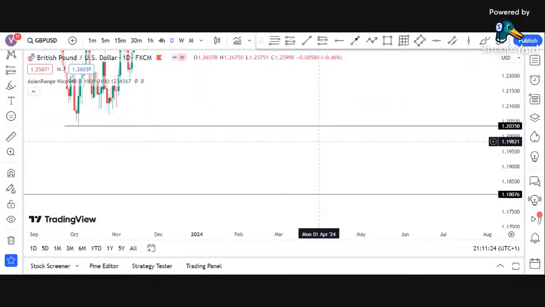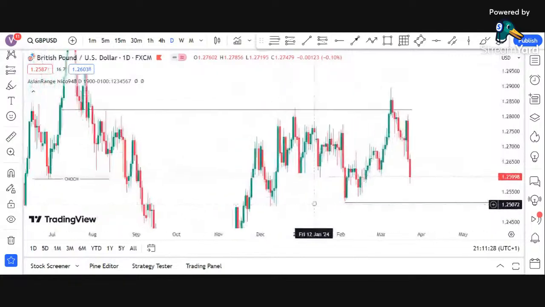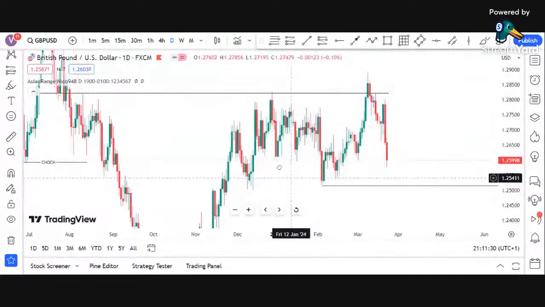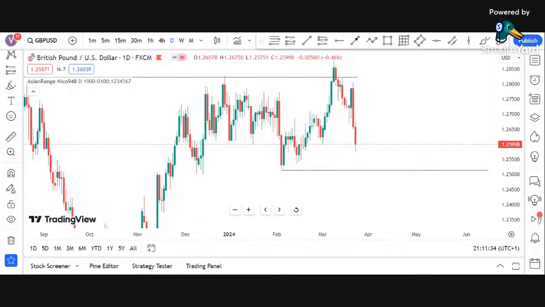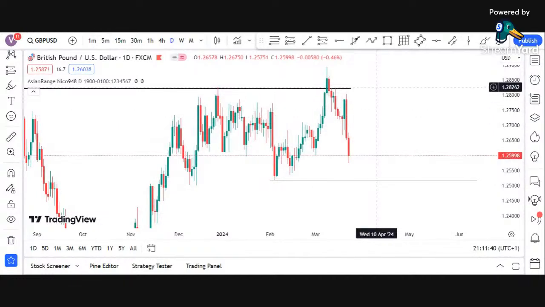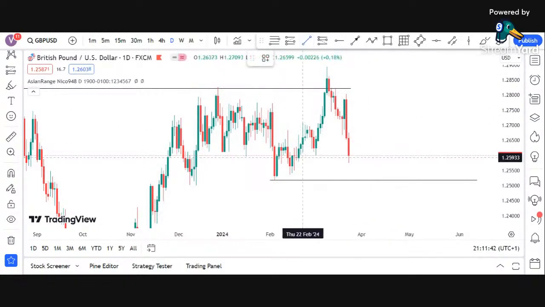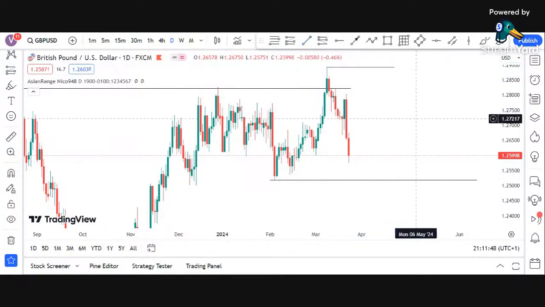If you look currently, even as an ICT trader, you will be very confused unless you refine down to the lower time frame to see where price is, right? So what I want to see is a shift to the downside. If that shift does not occur, then we'll be targeting our liquidity level above, right?